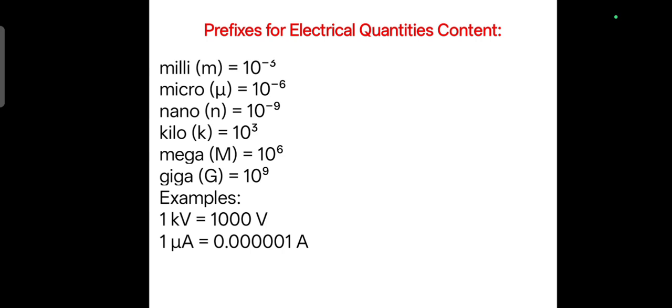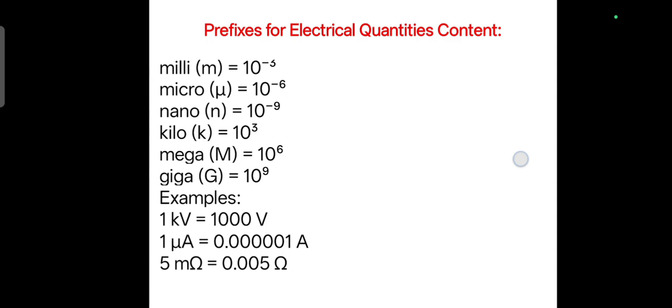According to the power, you have to shift the point right or left. So here 1 microampere is given, so the value is 0.000001 ampere. The next one is 5 milliohm. 5 milliohm has 10 raised to power of minus 3.